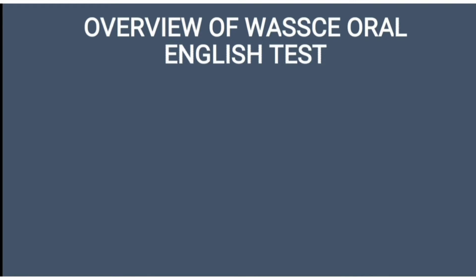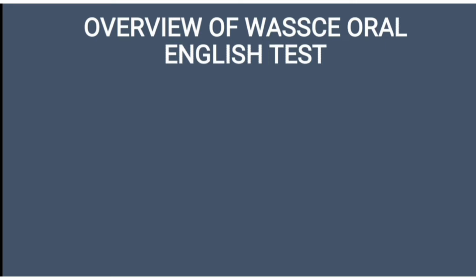In today's lesson, we shall be looking at the overview of the Wassce Oral English Test and a detailed step-by-step guide on how to answer Wassce Oral English Test 1, 2, 3, and 4. The Wassce Oral English paper is made up of 60 objective questions for candidates to answer.